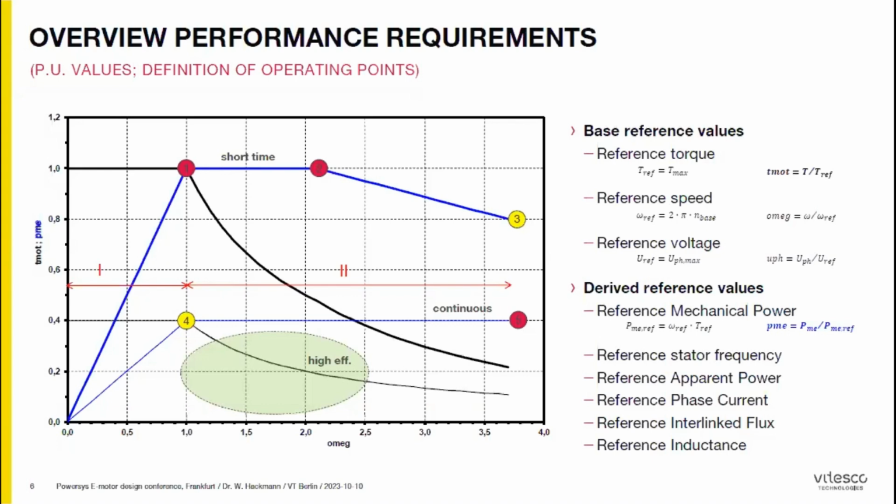Here you have a little bit less continuous torque and a little bit less continuous power. This is typical for traction drives. The highest efficiency of such an e-machine is in the medium speed range and the medium or low torque range. Outside, especially at high torque, the efficiencies are much, much lower.